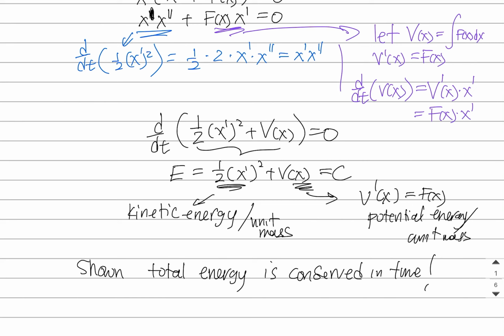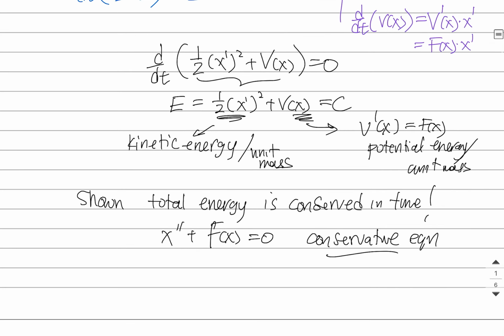And so sometimes we take these second order equations that we've got, and we say that an equation like this is called a conservative equation. It's called a conservative equation because there is some quantity that is conserved, and the quantity here is the total energy.